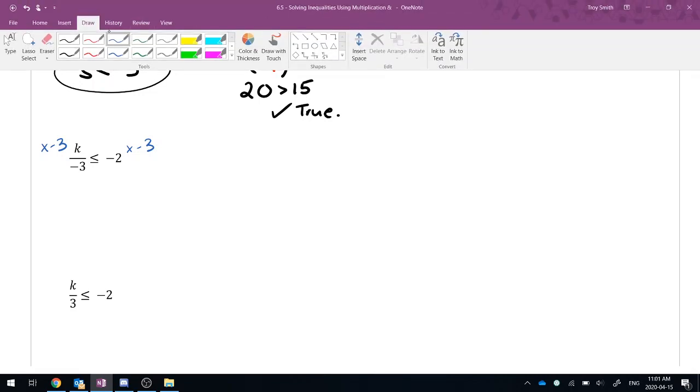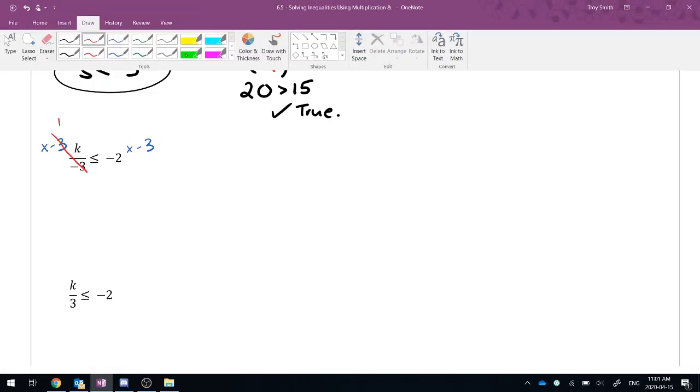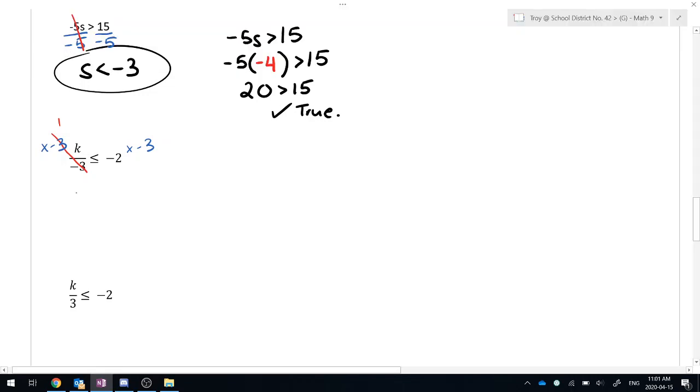And as usual, these two will cancel out. But notice, again, I've multiplied by a negative number. So I'll still have k left over here, but because I just multiplied by a negative number, this inequality sign is going to swap.